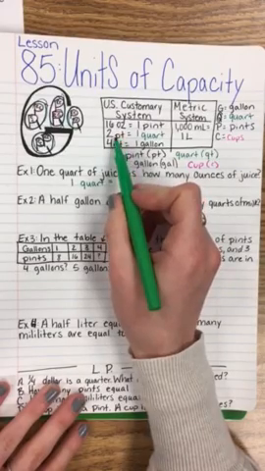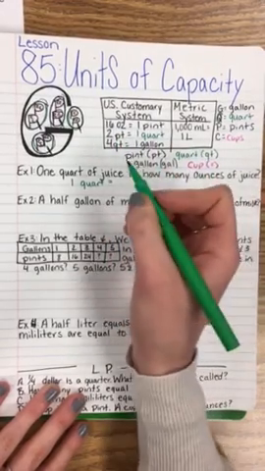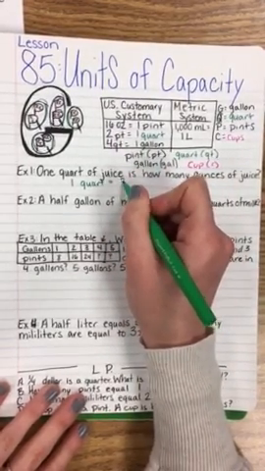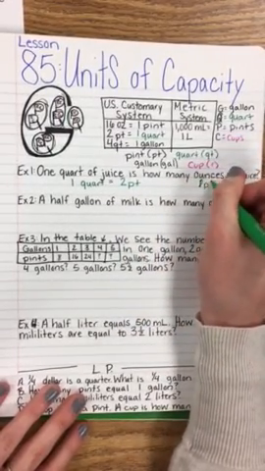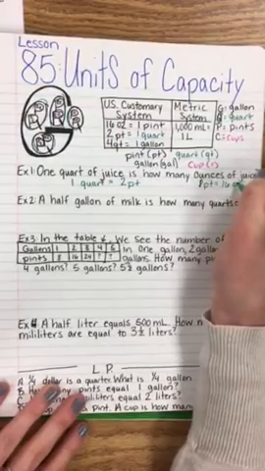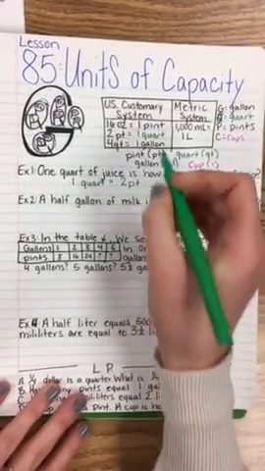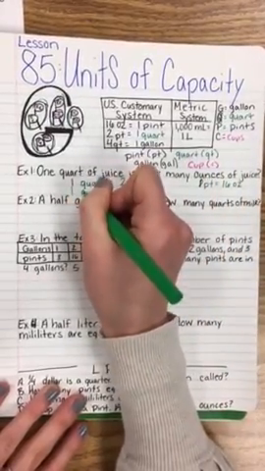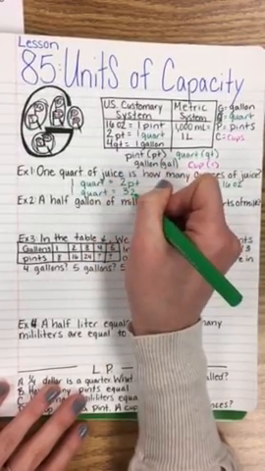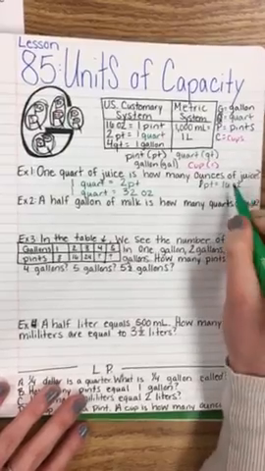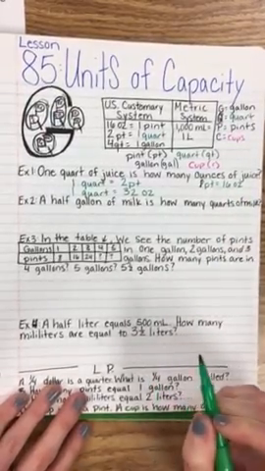So there's 2 pints in a quart. So 1 quart equals 2 pints, and 1 pint equals 16 ounces. So we need to double 16. So 1 quart equals 32 ounces, because 16 plus 16 is 32.